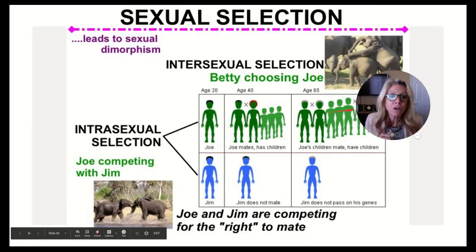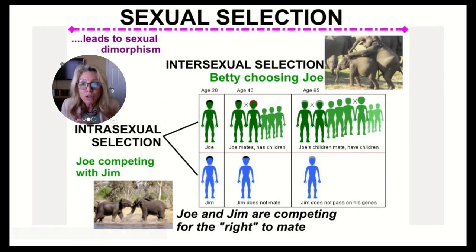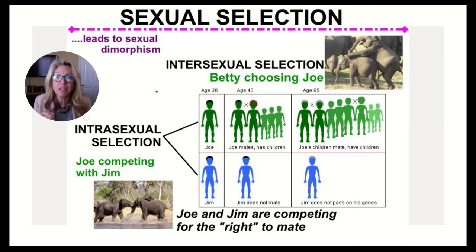All right, so on sexual selection, which leads to sexual dimorphism differences, here are the two. In intersexual selection, this is Betty going to choose Joe or is Betty going to choose Jim? Okay, that's intersexual selection. And those are those two hypotheses that we talked about.